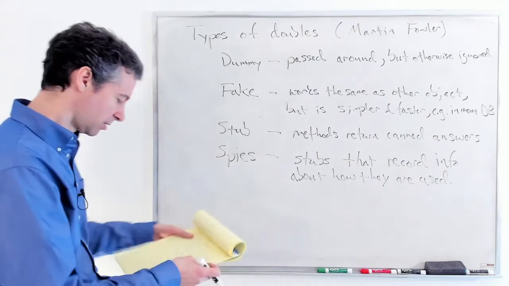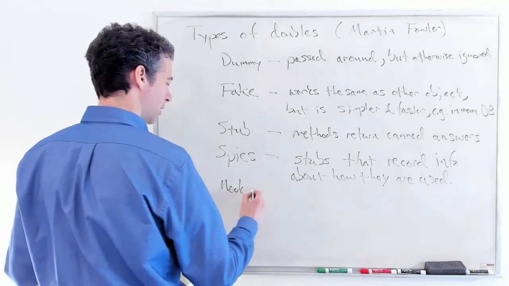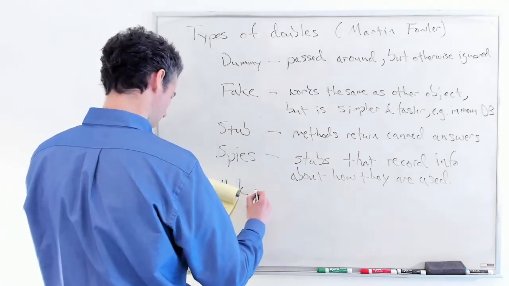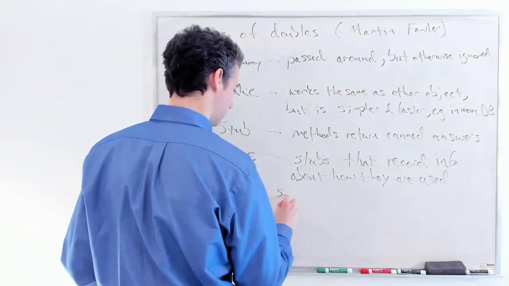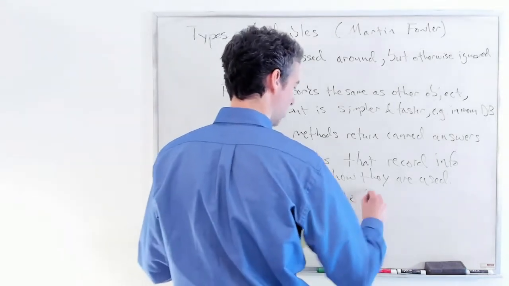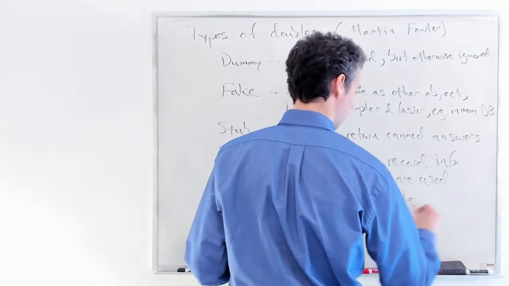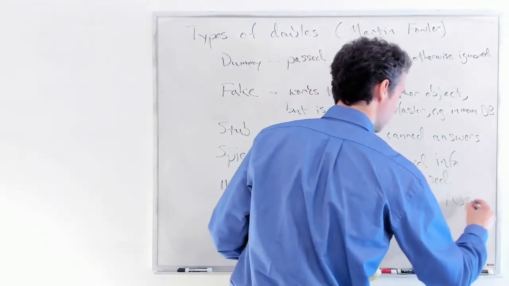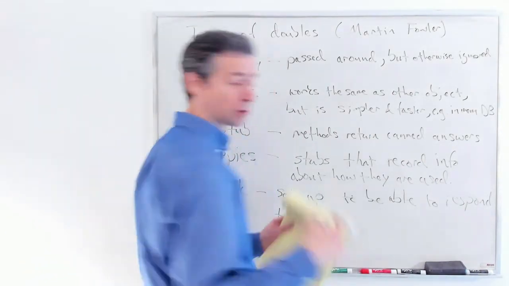The next, probably what's considered the most advanced, is the mock. A mock is set up to be able to respond to a specific call or a whole bunch of calls.